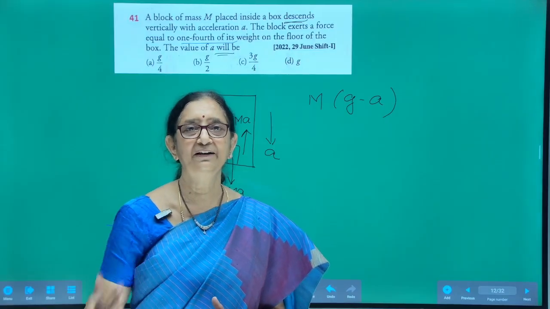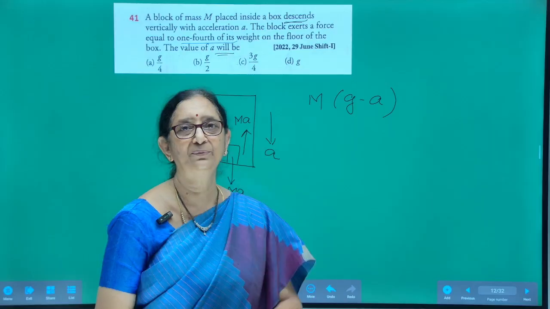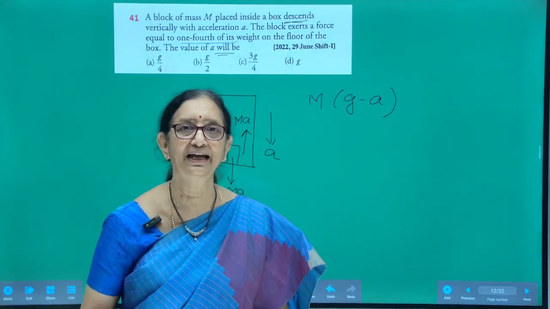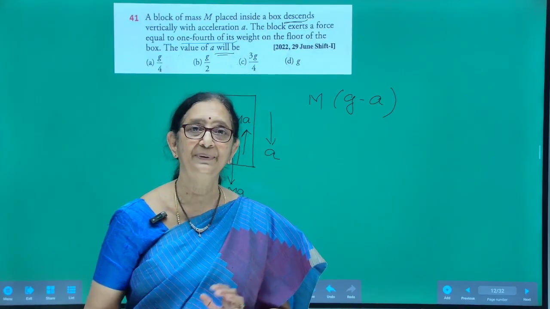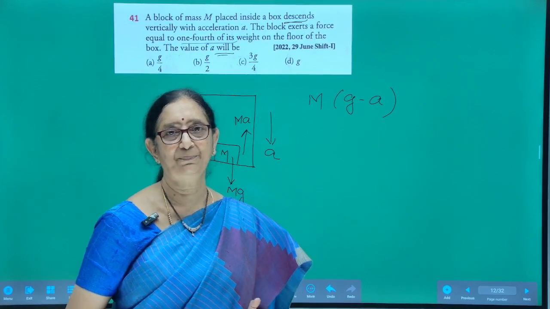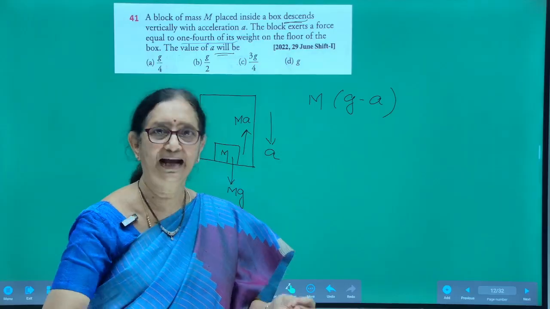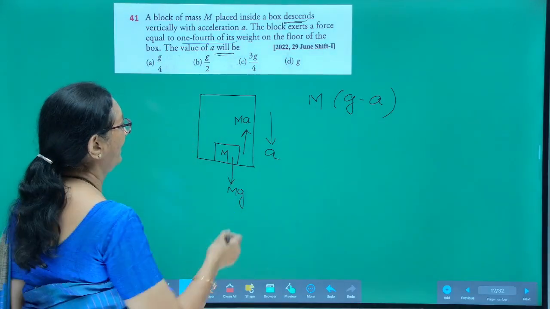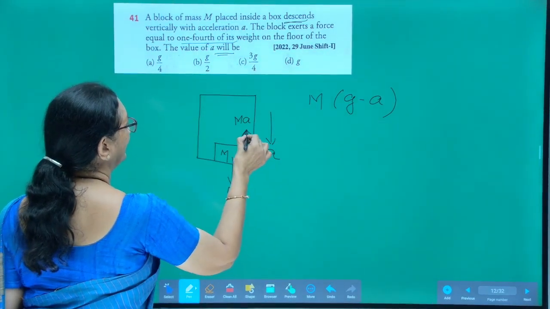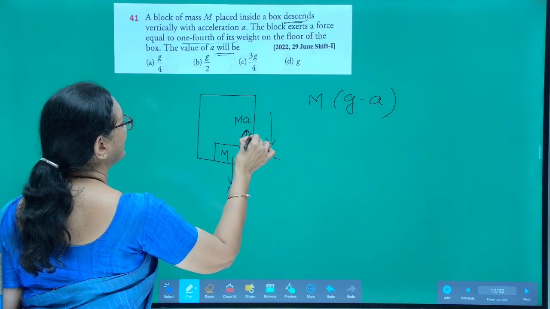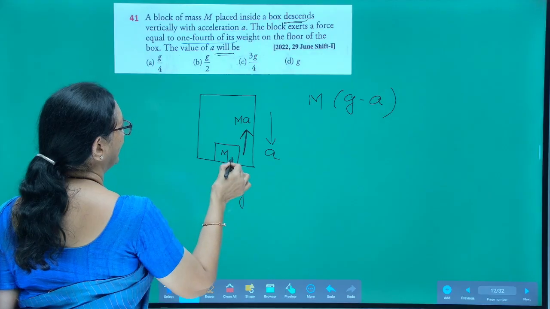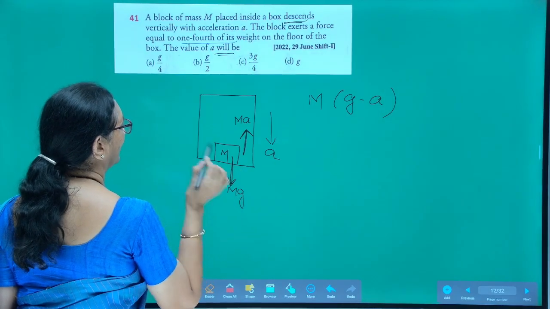When the lift is accelerating down, apparent weight is m into (g minus a). When it is accelerating up, apparent weight is m into (g plus a). So, exactly in the same way, see here, this is accelerating down. So, pseudo force is in the upward direction, mg is in the downward direction.